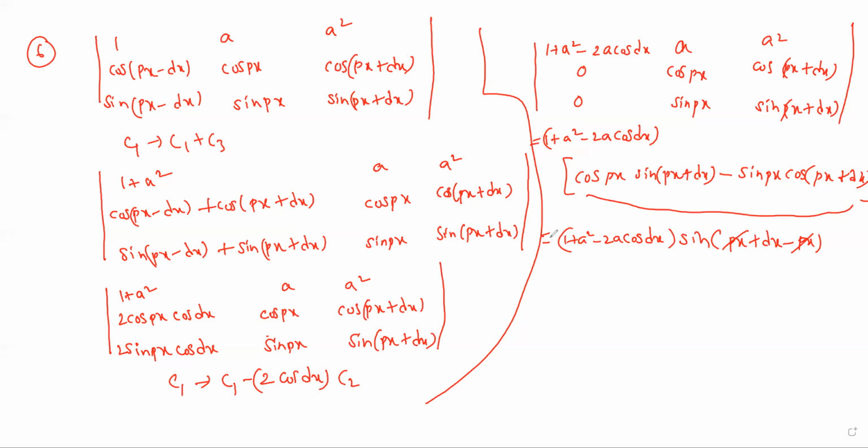In this, which parameter is missing? P. That's why it does not depend on P. So clearly we can take option B, where P is there, so it is not depending on that.